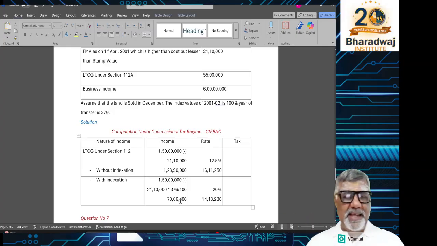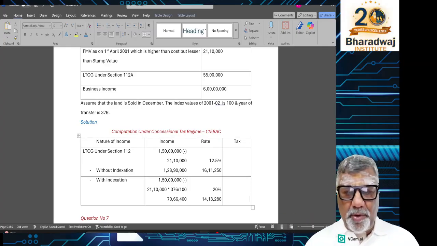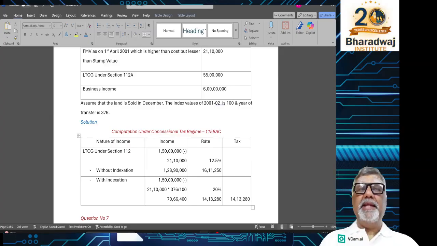Whichever is less is my taxable amount. 14,13,280. Any doubts?